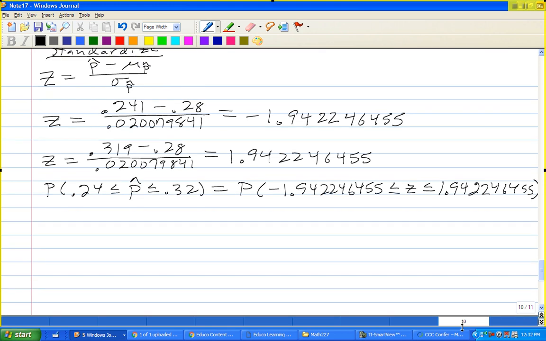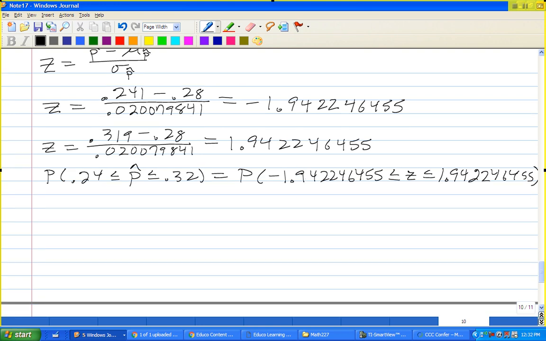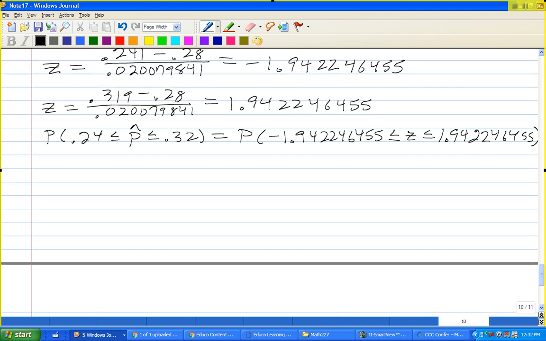Okay, so let's look these up in my table. In table 3, I'm going to use linear interpolation now to determine this area.